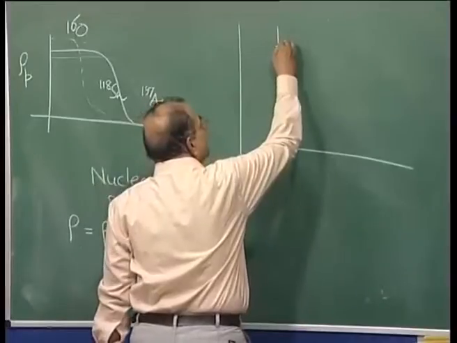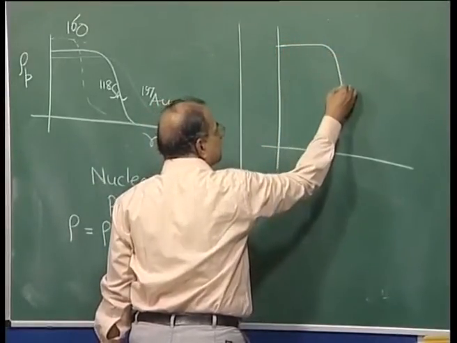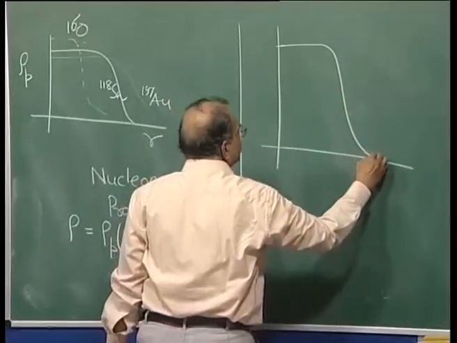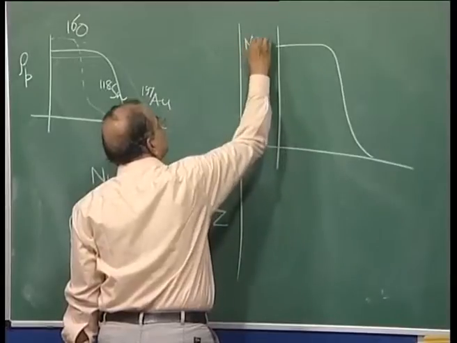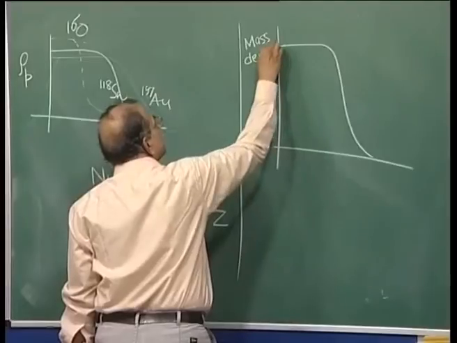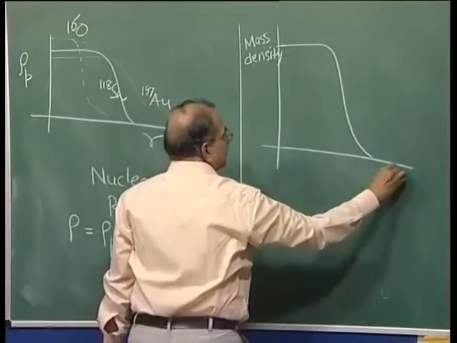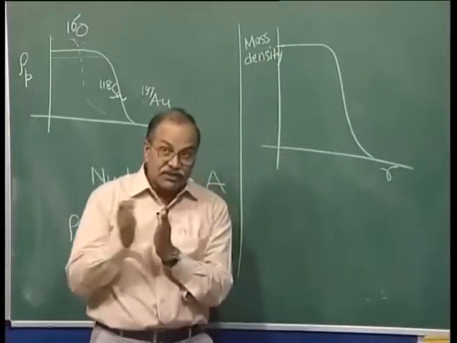And then depending on which nucleus you are talking about, it goes straight and then it falls. This is the total mass distribution, the mass density you can say, against r. What is r? r is the distance from the center.